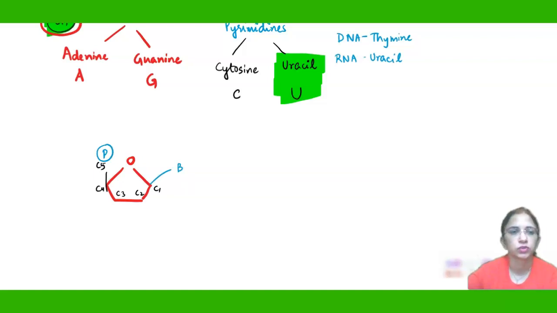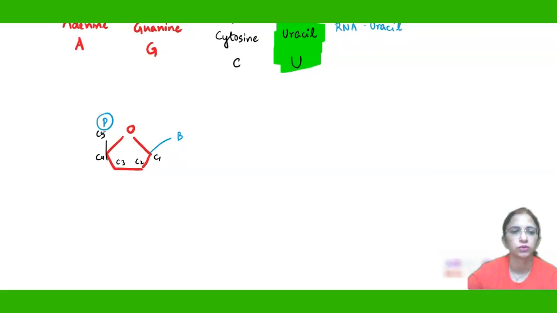The similar type of attachment will go on further. If you want to attach one more nucleotide to this nucleotide, remember at the C3 position you will attach the phosphate, and then you will make it like this. This way, if you go on making it, you will get a polynucleotidic structure.